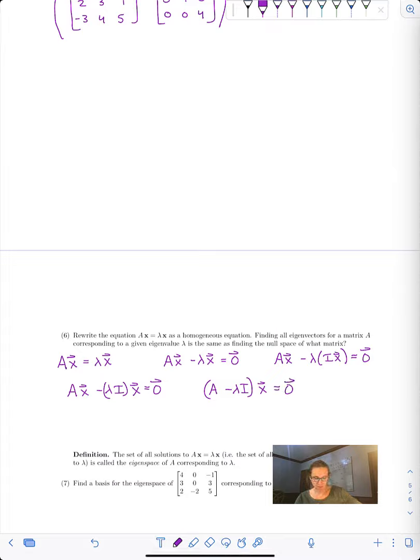And so remember that the null space of a matrix B is the set of all solutions to B times x equals 0.